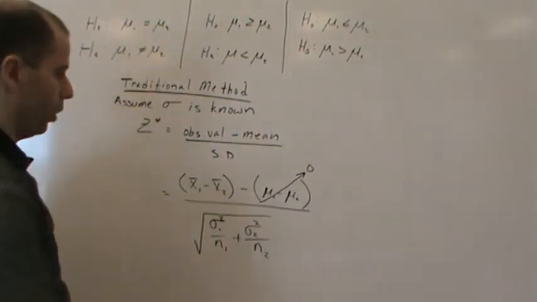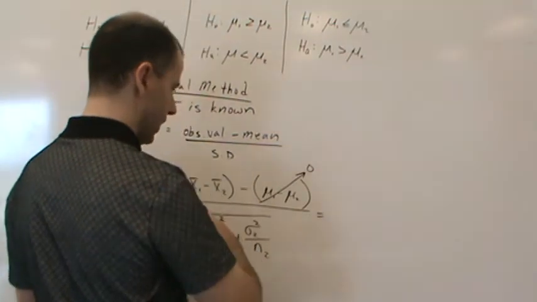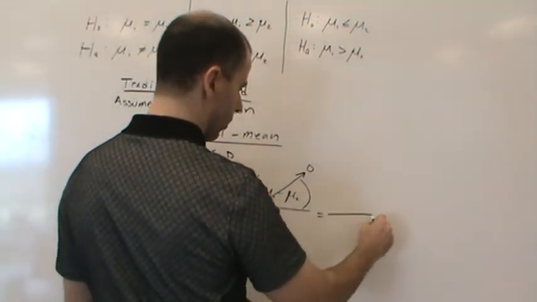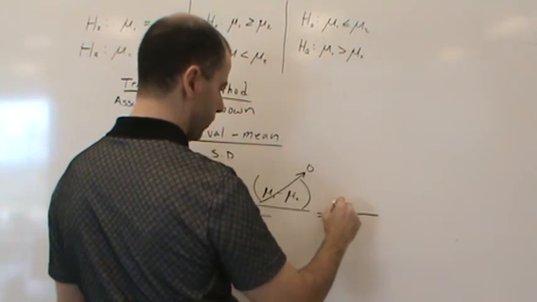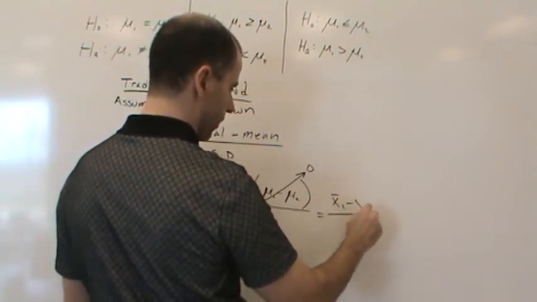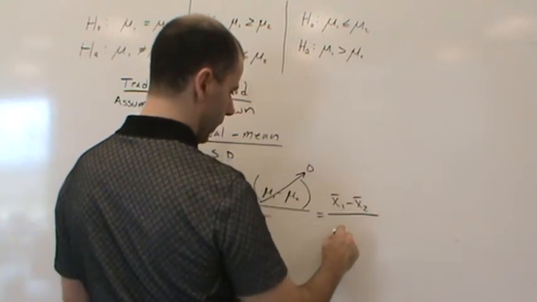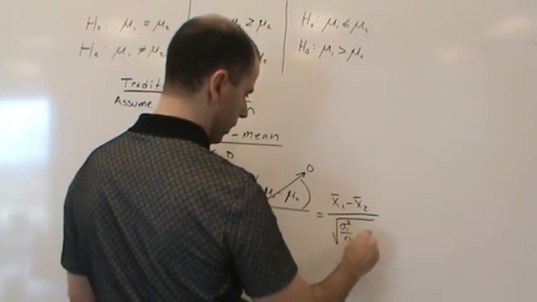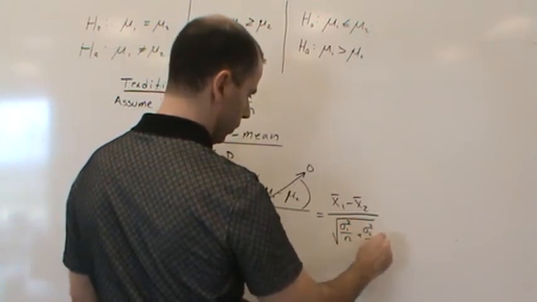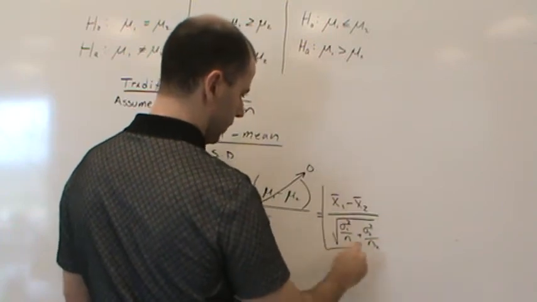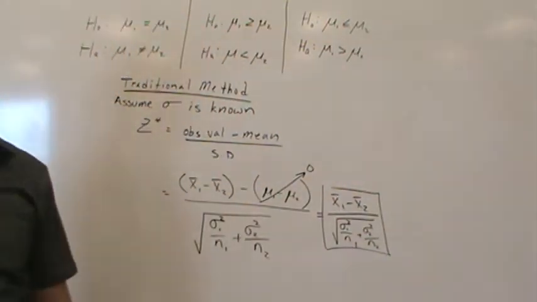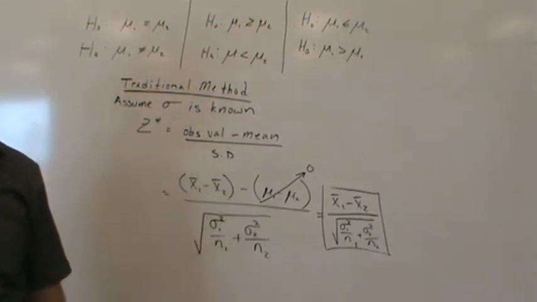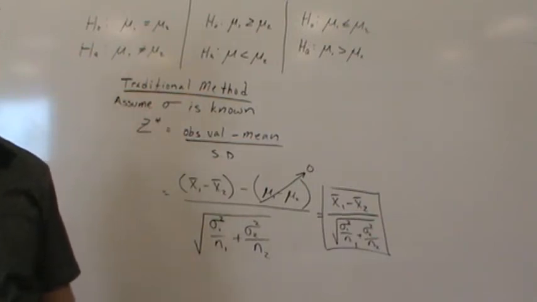And so, lo and behold, because the mean difference goes away, our test statistic formula is x bar 1 minus x bar 2 divided by the square root of sigma 1 squared over n1 plus sigma 2 squared over n2. This is the formula we will use for the test statistic when testing two means if sigma is known.